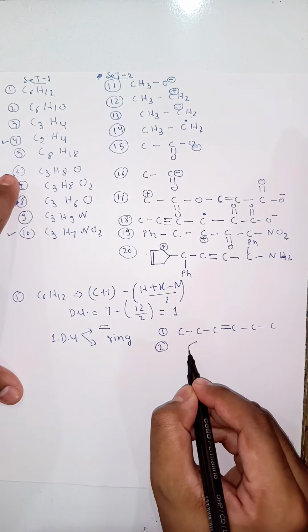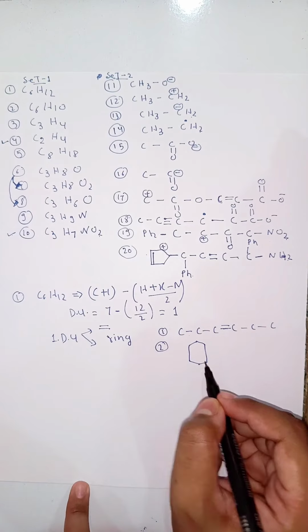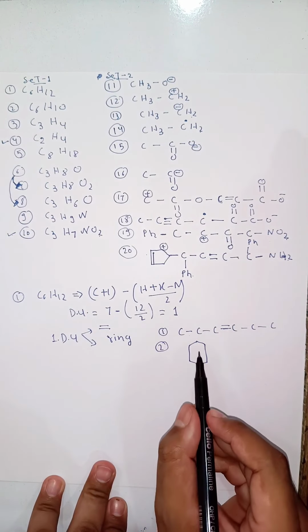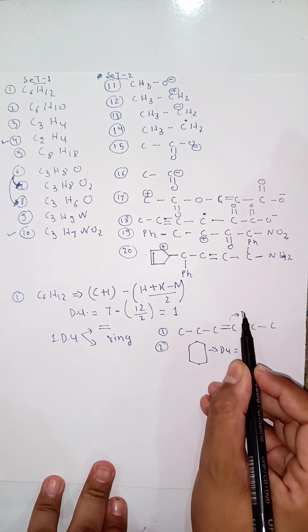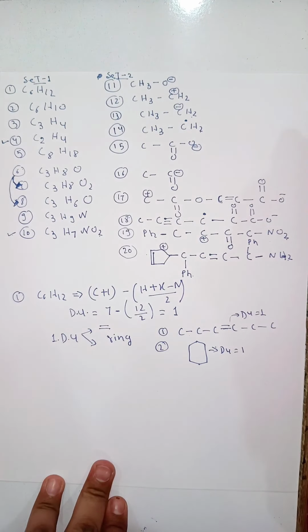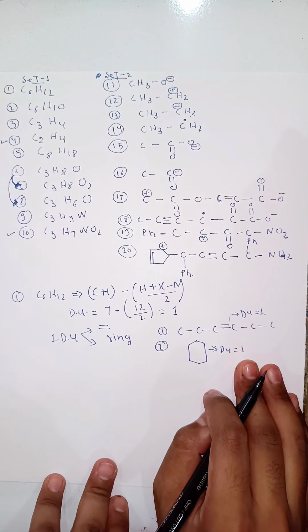The second structure which is possible is a ring like this. Okay, this is a 6-membered ring, it's a cycloalkane, and it also has a DU of 1. So these are the two structures which are possible for this compound.